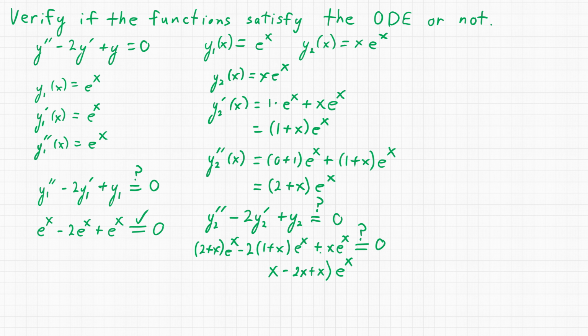And then I've got a 2 from the front. We've got a minus 2 times 1, so minus 2. So yeah, that actually looks like it works out. I had 2 minus 2, and then I have an x minus 2x plus x. And so it all cancels out. This is true. This actually solves the differential equation.